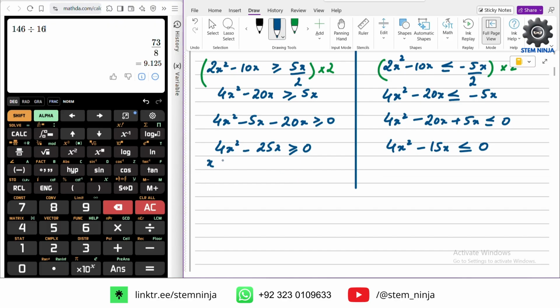this would be x(4x minus 25), and this would be x(4x minus 15). So one value is x. We are already getting x over here, so x is a trivial answer for us. So this would mean that 4x minus 25 is greater than 0, and this would mean that 4x minus 15 is less than 0.